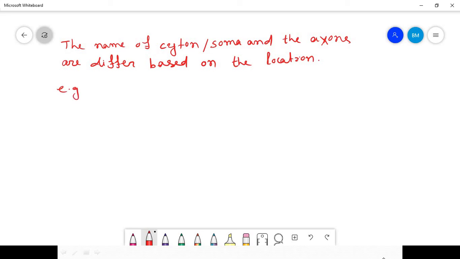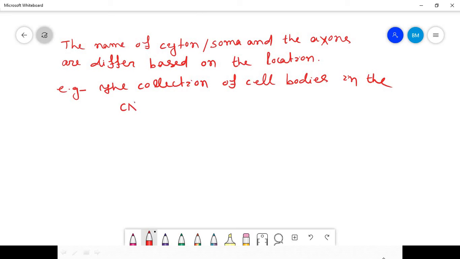For example, the collection of cell bodies in the CNS, that is the central nervous system, is referred to as a nucleus.